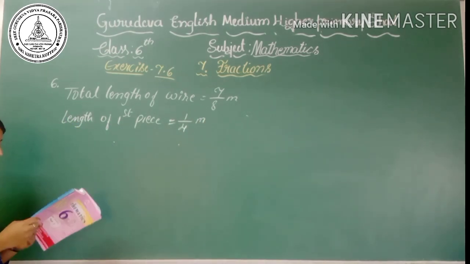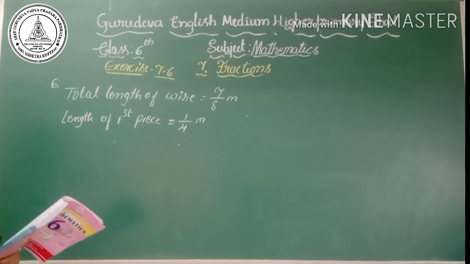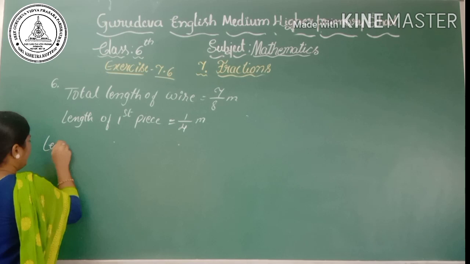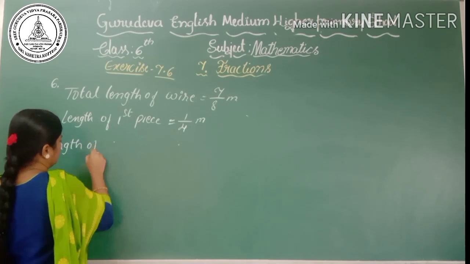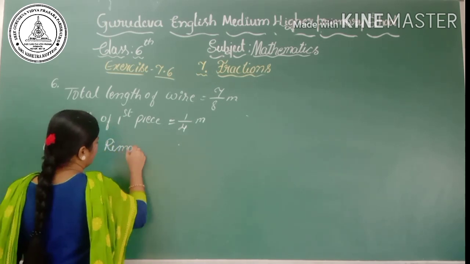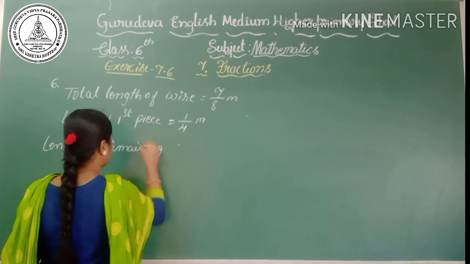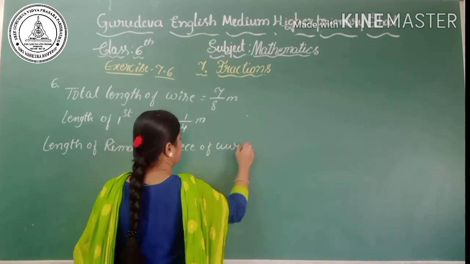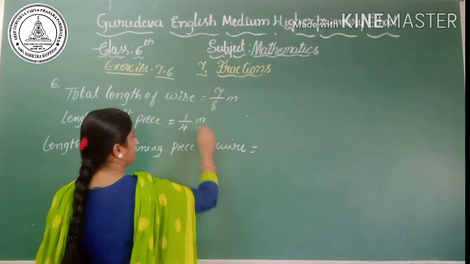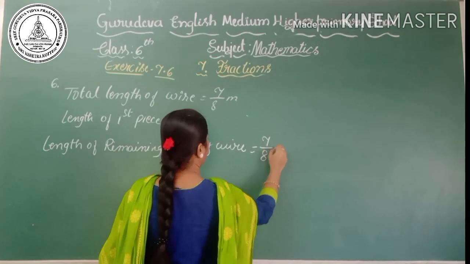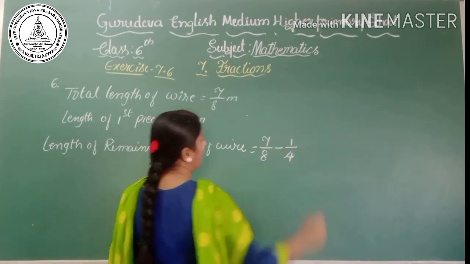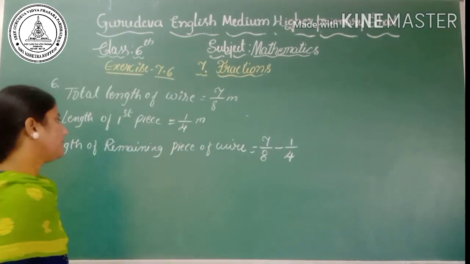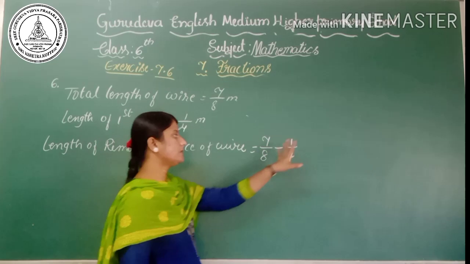Okay. Then the final question, the length of remaining piece is equals to, we have to subtract 7 by 8 minus 1 by 4. Okay.